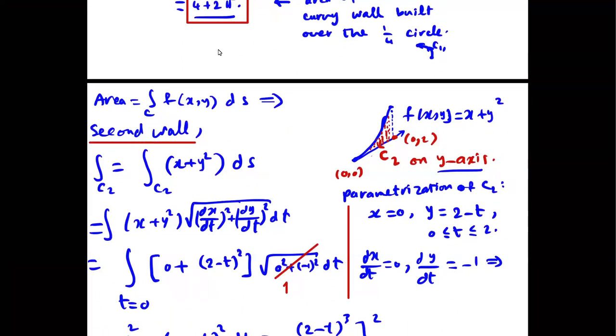We can write the equation of this straight line going from 0, 0 to 0, 2 and use its direction. The direction vector here is this vector. It is the negative j.